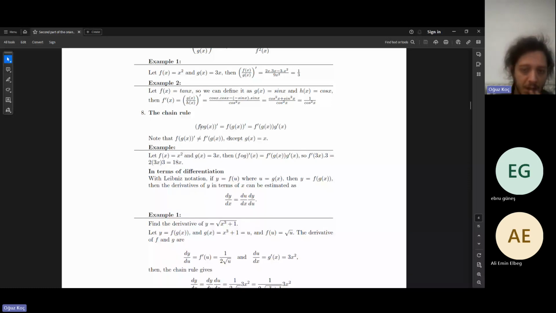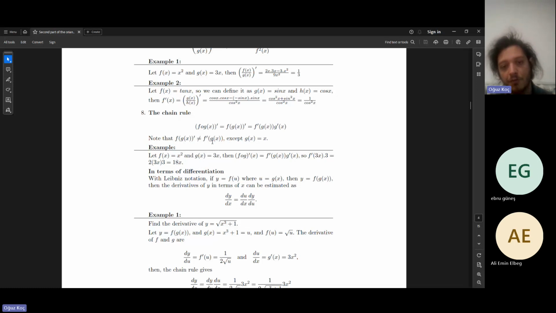We can define it like g of x of f, the derivative of g of x of f here, and it is equal to the derivative of the function which is in the f times the derivative of f inside g of x. And we have a note here.